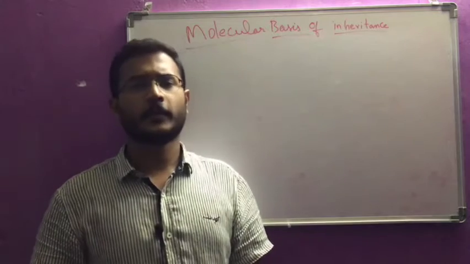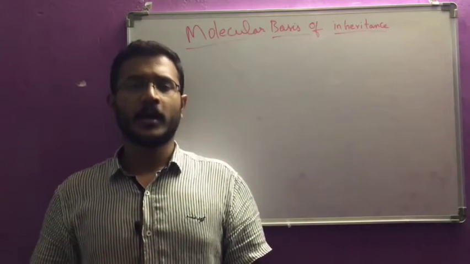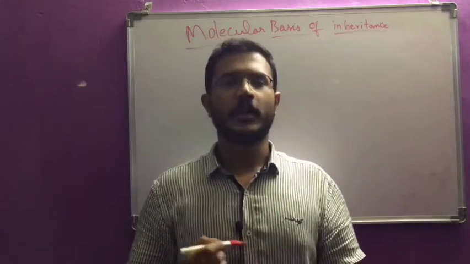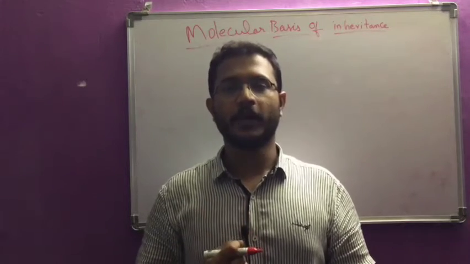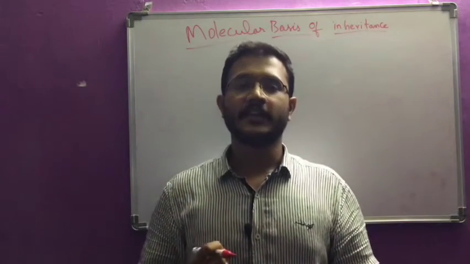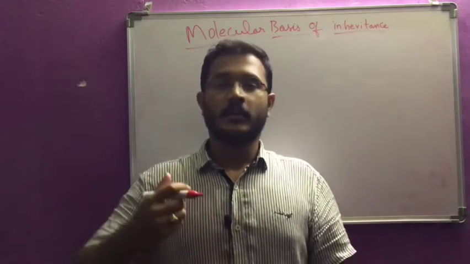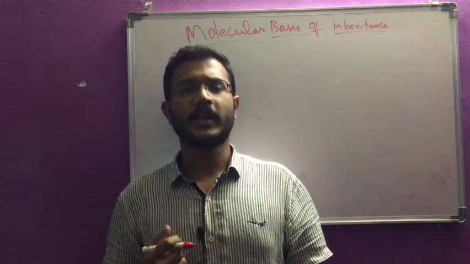Yesterday we discussed the biochemical structure of DNA and what it is made up of. DNA is a polymer of nucleotides. All the nucleotides link to each other with the help of phosphodiester bonds, and as a result it forms a single long strand polymer.